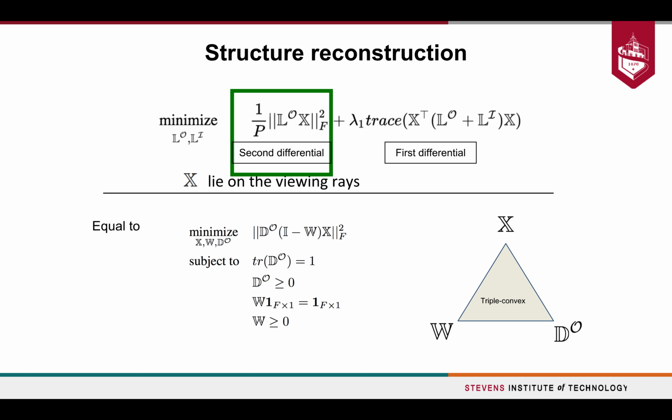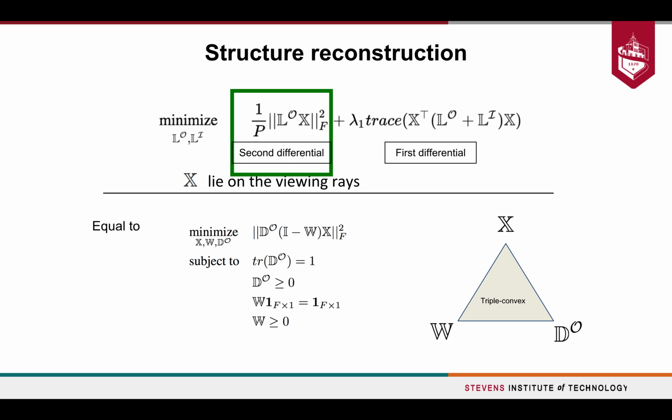Here is our optimization cost function. There are two parts. The first represents the second differential, and the second part is the first differential. The first part is in the form of a cost function minimized over X, W and D out.